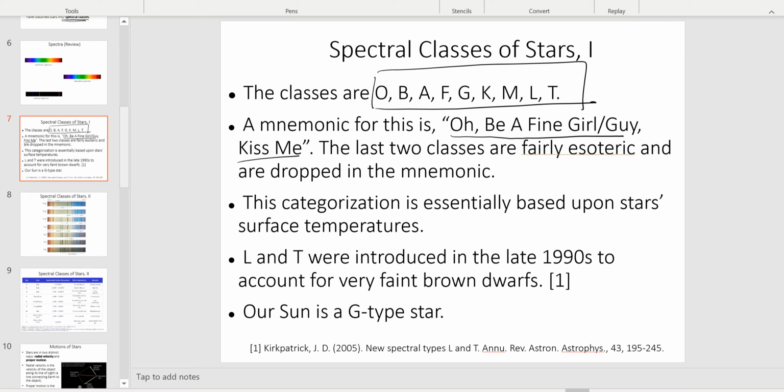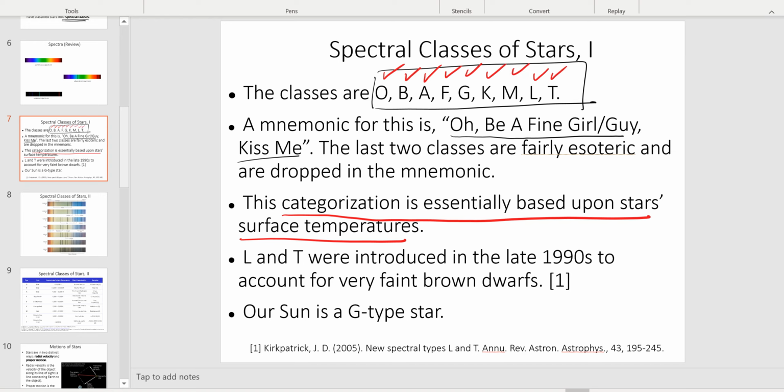And to make things a little bit more confusing for you, this classification is really a classification of surface temperature. So there's two things going on here. One thing is that we have these different classifications, O through M, and then L and T are, as I said, minor ones.